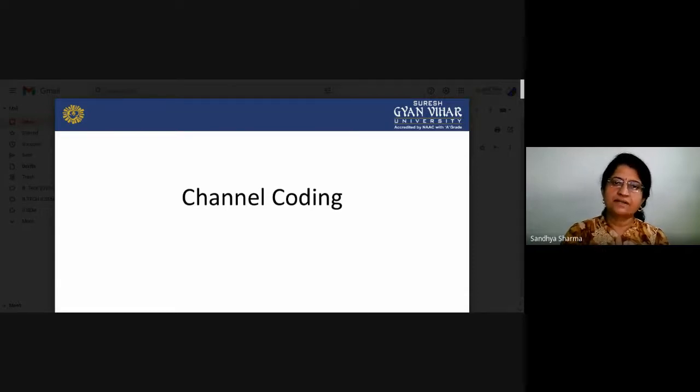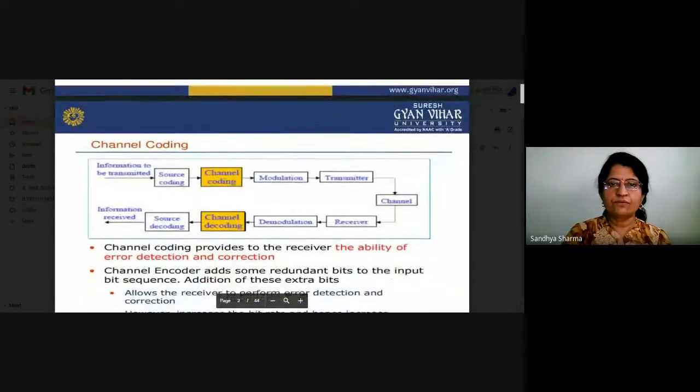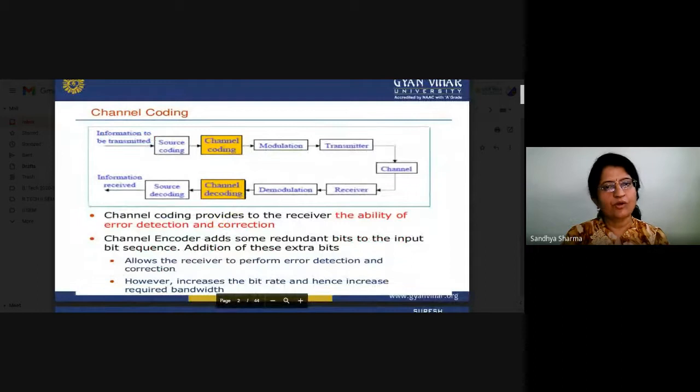Before starting the channel coding, we will revise a little bit about the source coding. First of all, we will discuss the basic block diagram of our digital communication system. In our previous lectures, we have discussed the basic properties of information and how we perform the source coding.